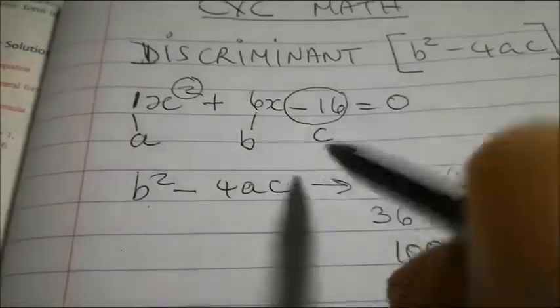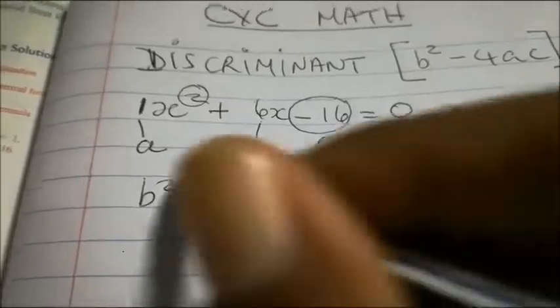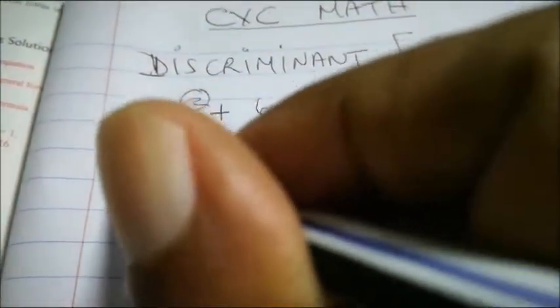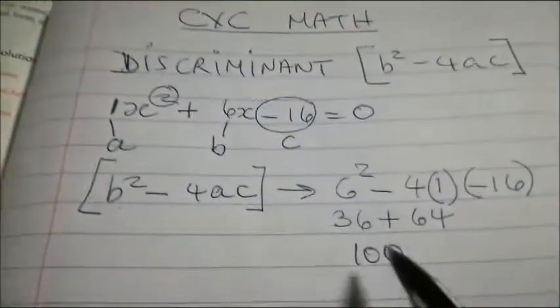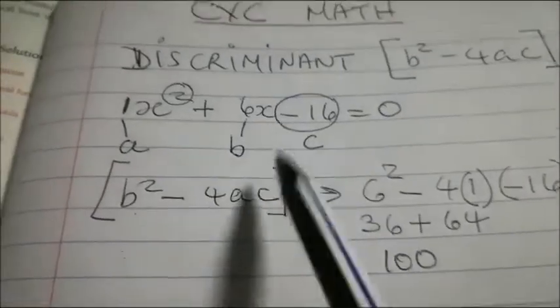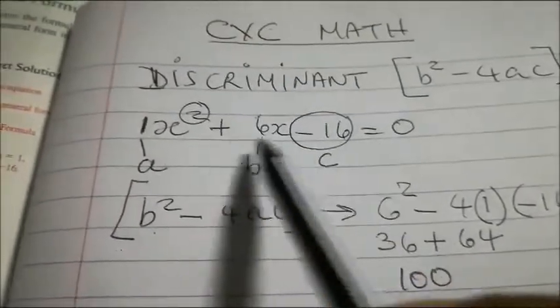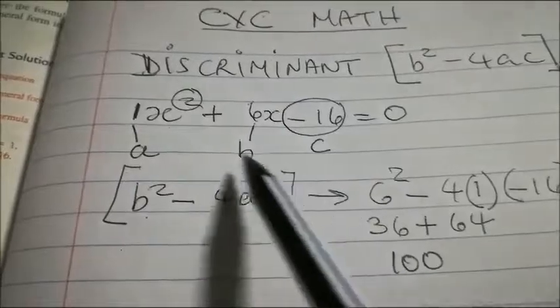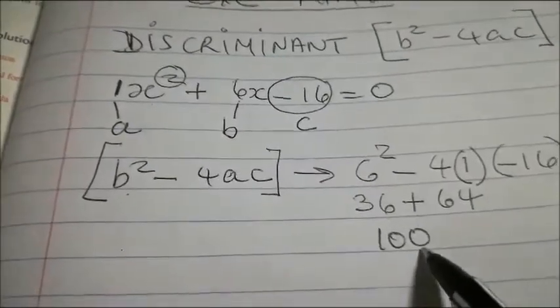So this discriminant, it's called a discriminant, right? It tells you, based upon what's in this equation, that the discriminant is positive.